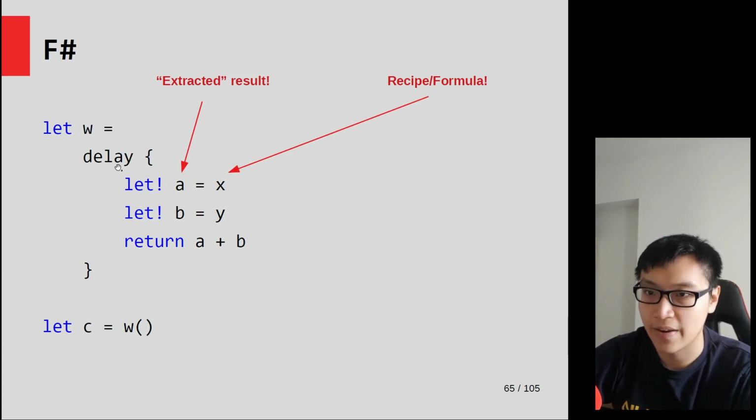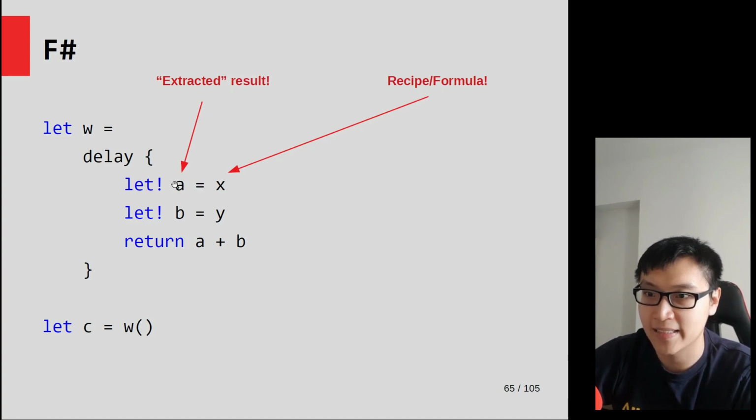So this environment that I'm doing the extraction on knows that I'm writing a recipe, and so it should not take too much time to write down the recipe instead of fully executing the recipe to get the final result. So again, I'm extracting a result out of a recipe or a formula.